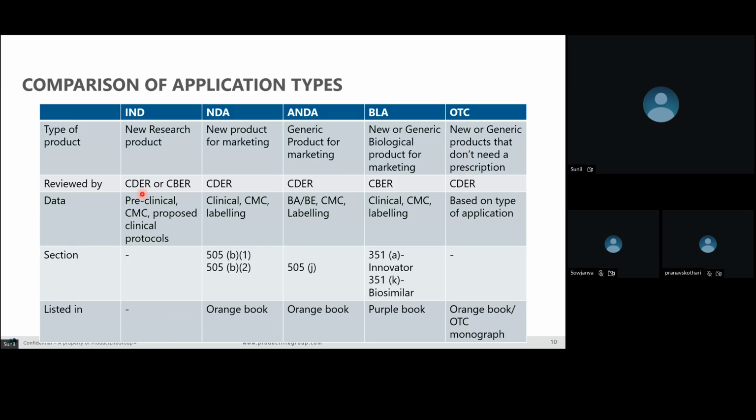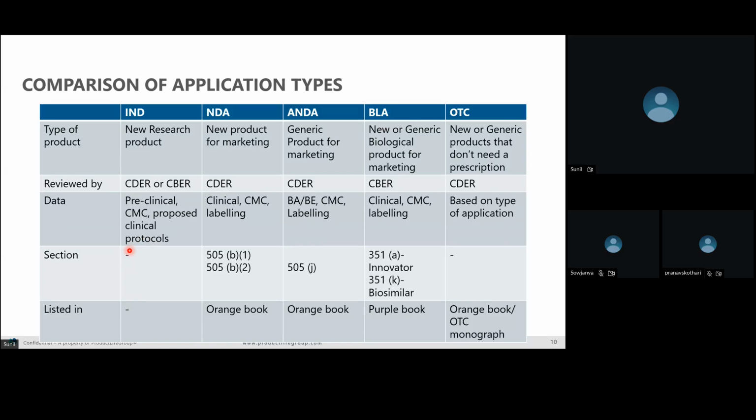What data do you need to submit in an IND? You have to submit non-clinical data, animal studies, CMC data, that means chemistry, manufacturing and control data, and clinical protocols. As discussed earlier, whatever clinical studies you are going to perform, all those clinical protocols you have to submit in an IND.